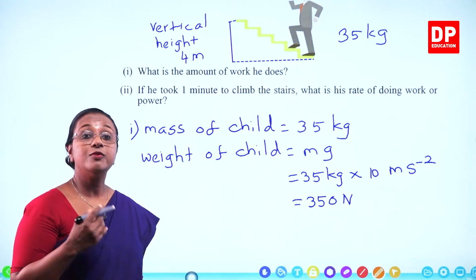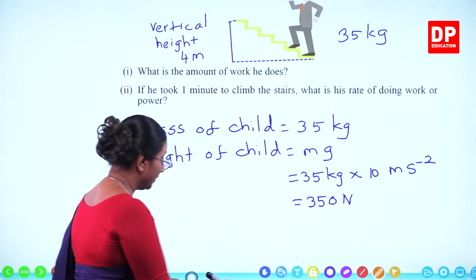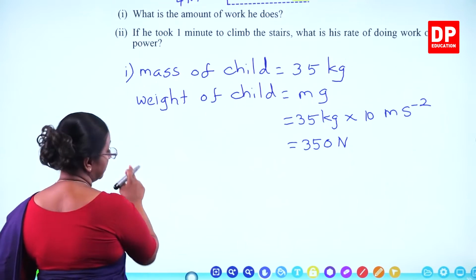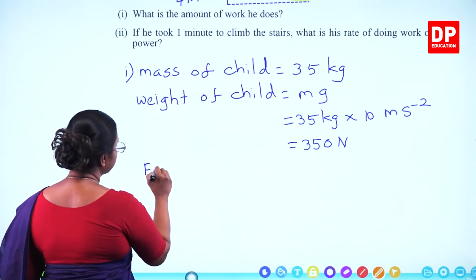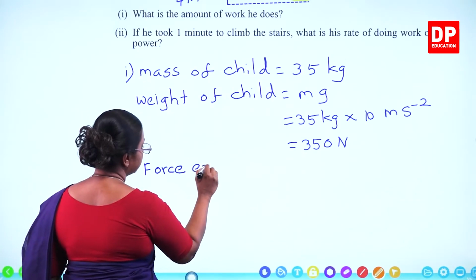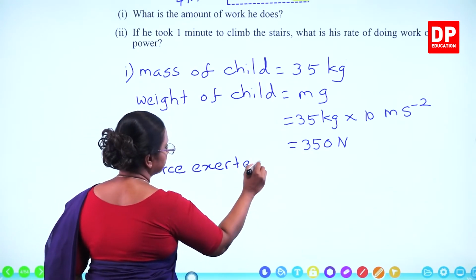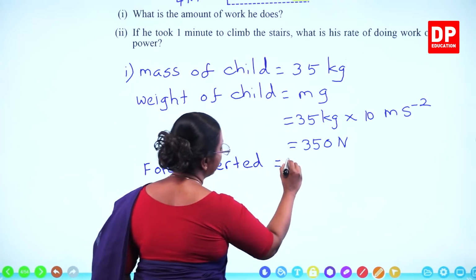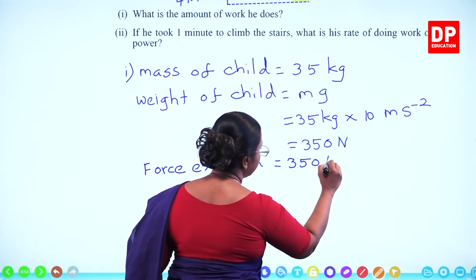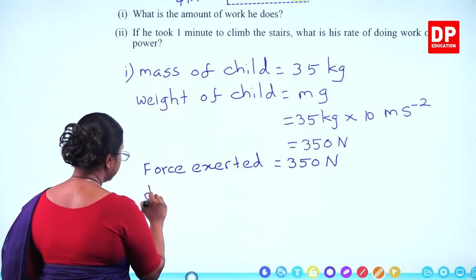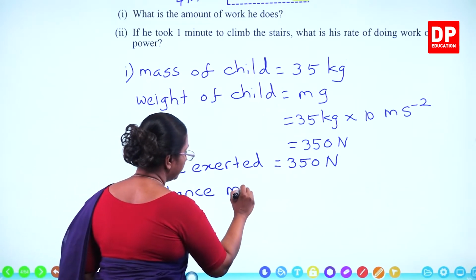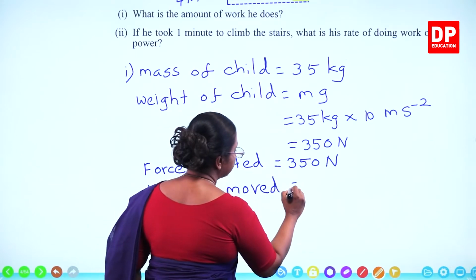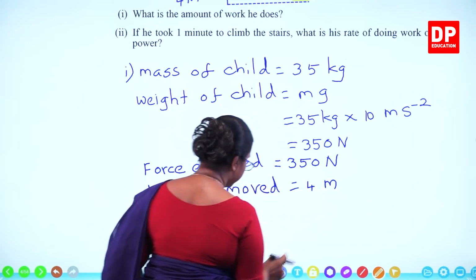So what is the force exerted? That is going to be 350 Newton. Force exerted or force applied, 350 Newton. Distance moved, that is given to us as 4 meters.